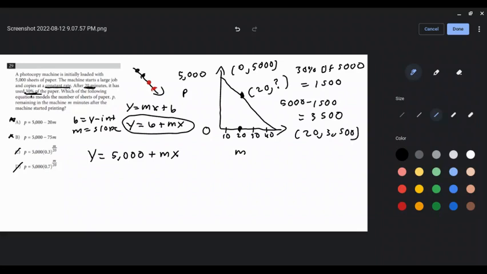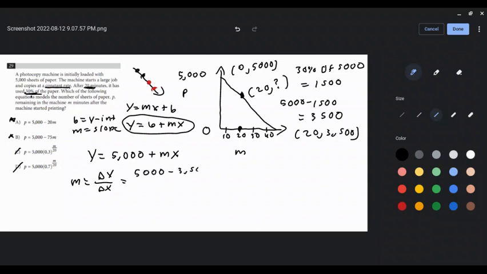So now we have 2 points. So we can simply do the rise over the run, or the change in y over the change in x, which equals slope.